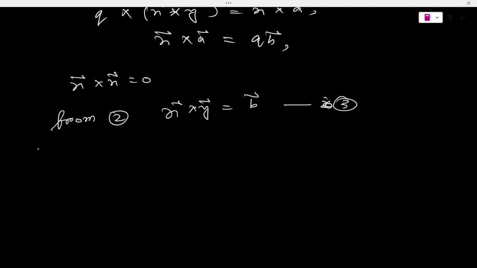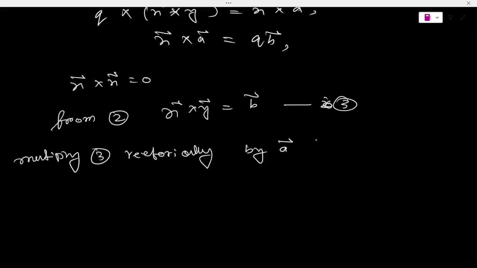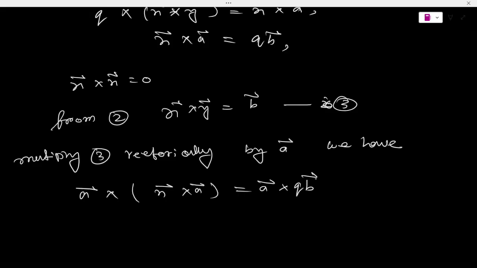Multiply 3 vectorially by a vector. We have a vector cross of x cross of a vector, a vector cross of q b vector.